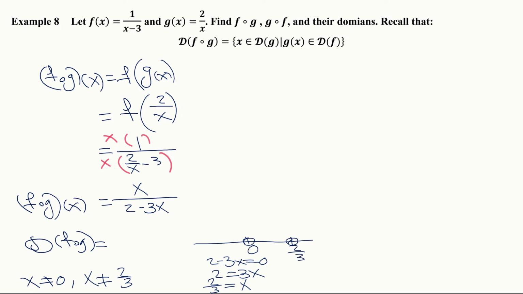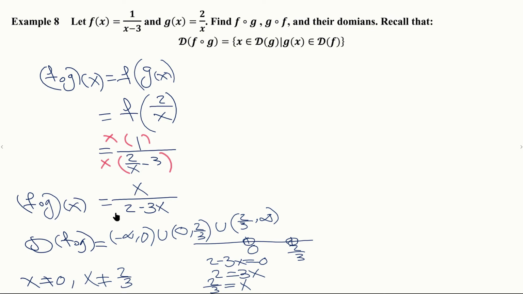So basically, you want everything from negative infinity to 0, union everything between 0 and 2/3, union everything after 2/3. There you go. And that's the domain of f circle g.